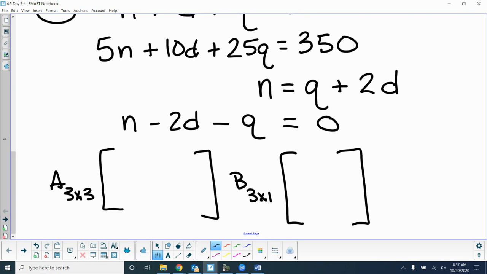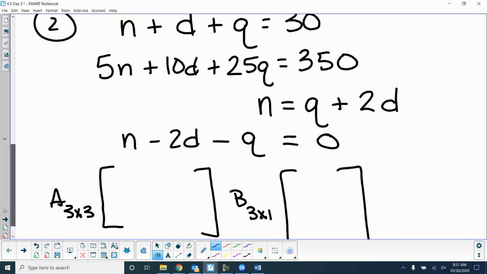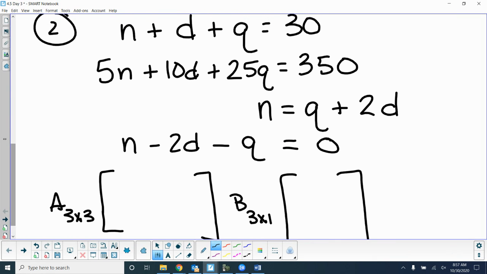All right. So, what's my top 3 numbers? All ones. You guys with me? Yeah. What's my middle 3? 5, 10, and 25, or if you did the decimals, 0.05, 0.10, and 0.25. And then the bottom one? Yeah. And then my B matrix is 30, 350, and 0.